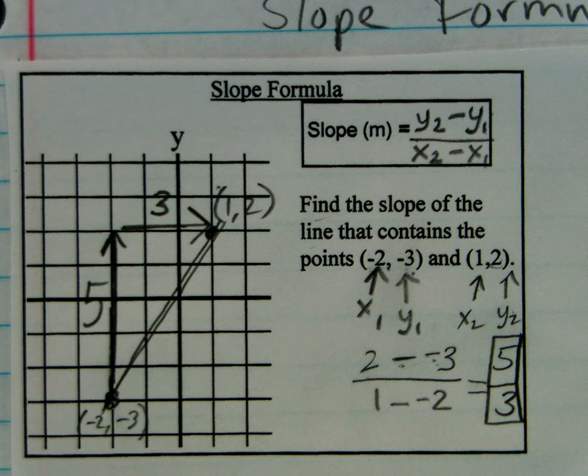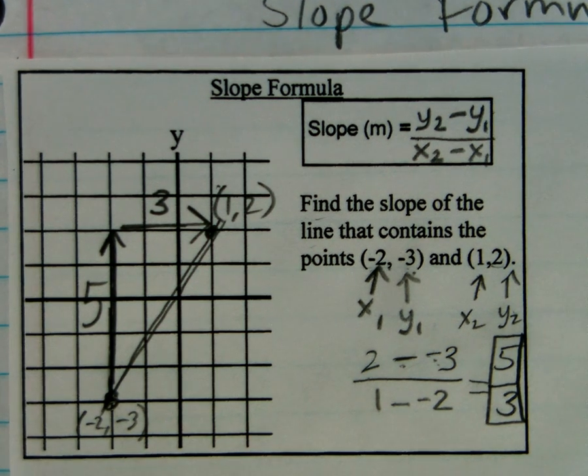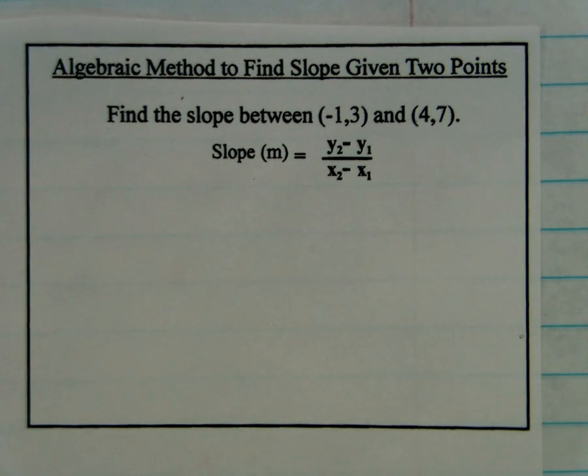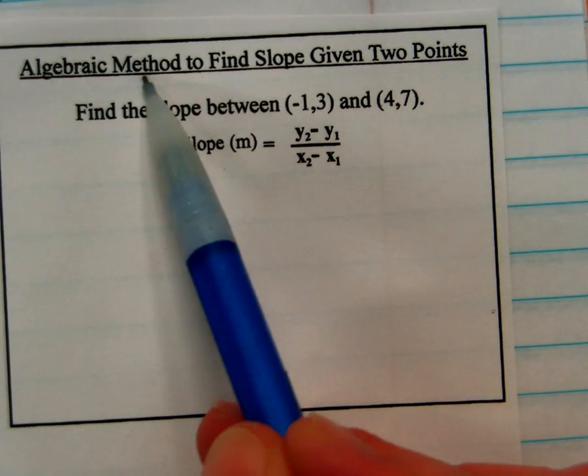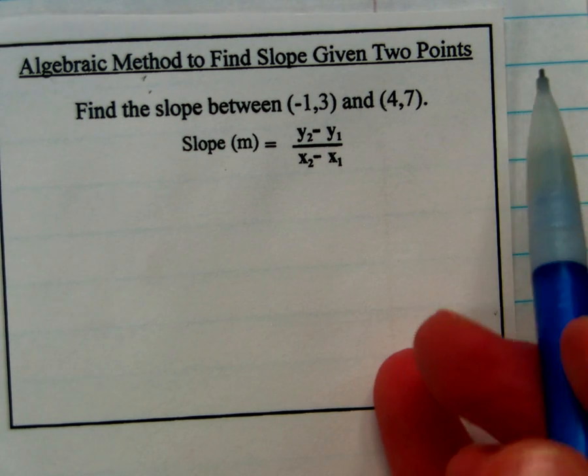This formula works no matter what kind of numbers you're looking at, and it's useful for when we don't want to draw a graph. If your numbers are super big or just really weird, you're not going to want to grab graph paper and graph it to figure out what the slope is. Okay? So let's go ahead and work through some examples, and then at the bottom of the page, we'll talk about special cases. Okay, so this is the algebraic method to find slope, basically, instead of using a picture.